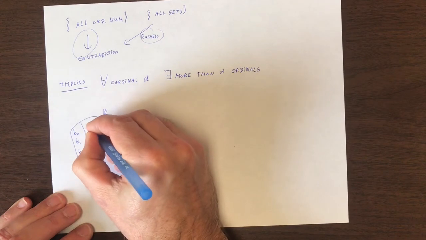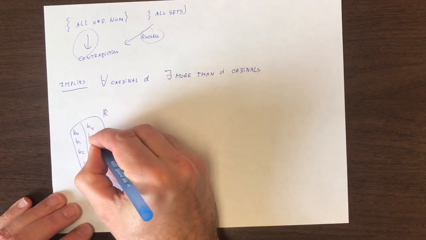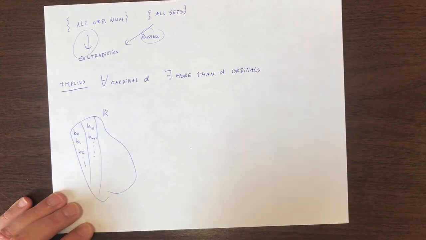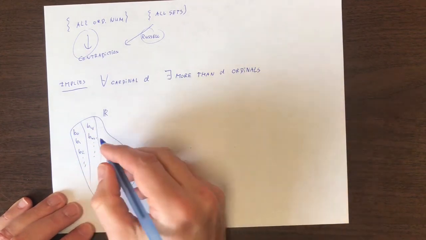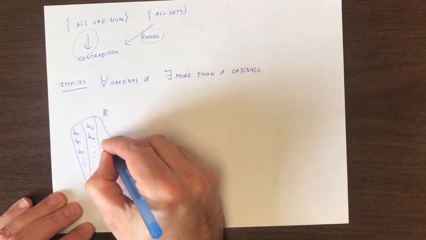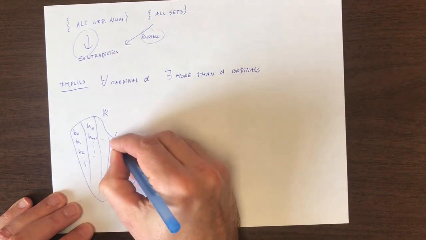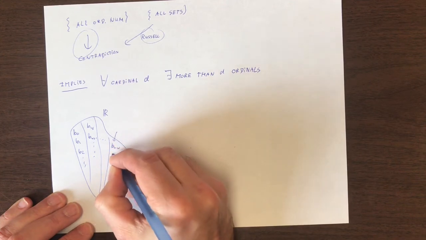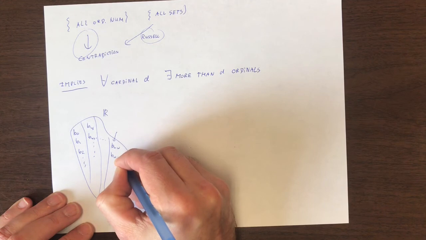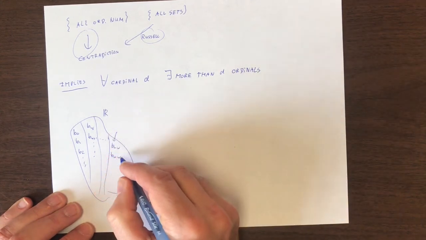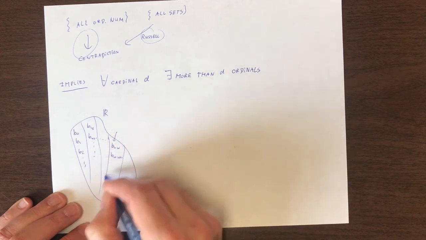Then we can pick an element b omega plus 1, etc. So far we've still only picked countably many, and then we can do the same for 2 times omega, 3 times omega, and so on. And then we get elements, say b omega times omega, b omega times omega plus 1, and so on. And for any of these ordinals, you can pick a real number.